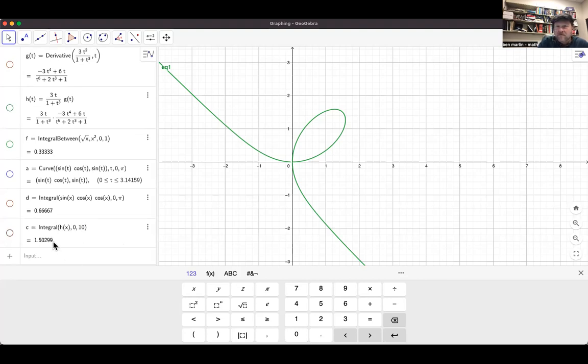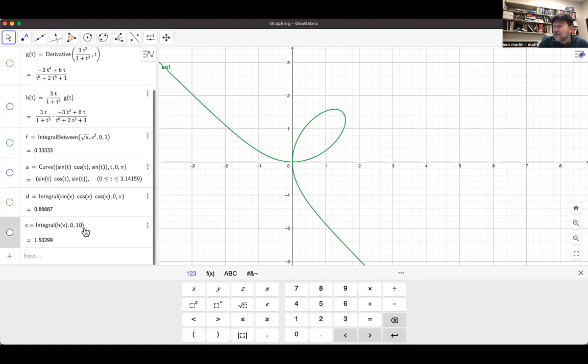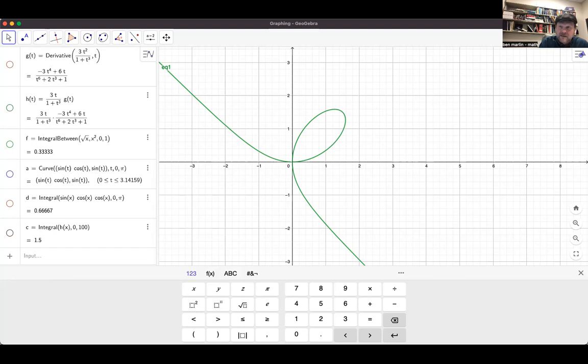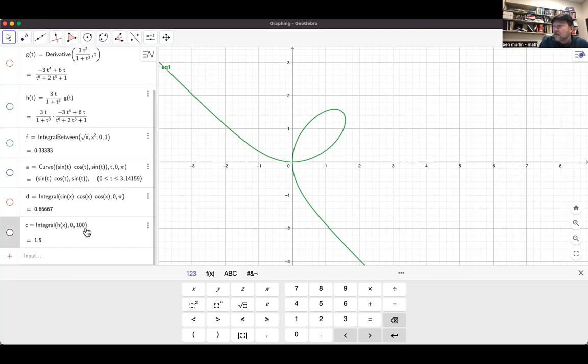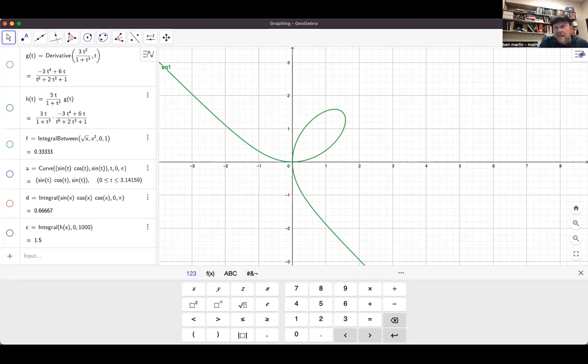And it got 1.5029 something. I said, okay, 100, that's closer to infinity, right? It said 1.5. And then I said, oh, okay, 1,000, that's really close to infinity. And it seems to be saying to me that, yeah, 100's close enough to infinity. Numerically, it's not changing anymore. It's getting an integral out of it of 1.5. So that's what we've got there.